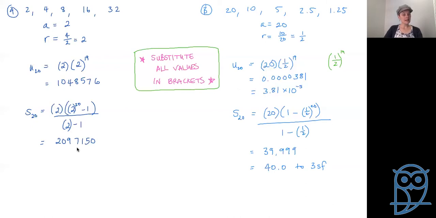On the other side, historically, your answer would be left like that, but more and more, what we're seeing in the memos is that actually they would want this. They would also want that rounded to 3 significant figures because that is not a rounded off number, that is the exact answer.